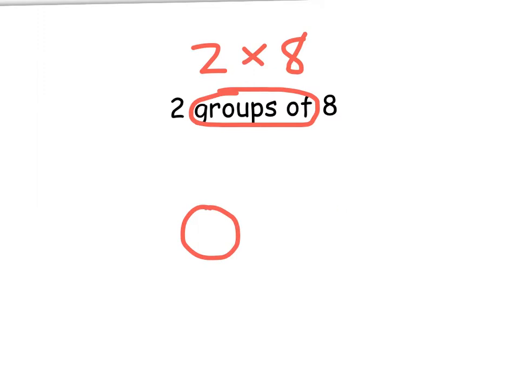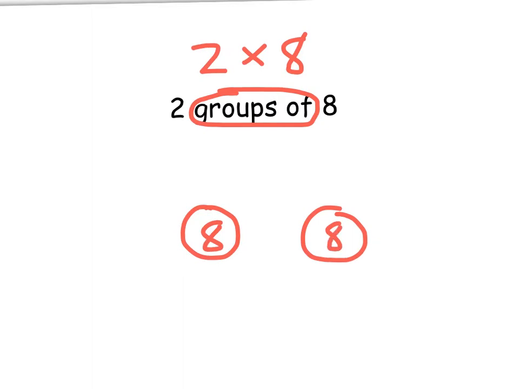Besides an array, another way that I can represent multiplication is using a number bond to represent the problem. In this problem, 2 groups of 8. That's the same as the multiplication problem, 2 times 8, because groups of represents multiplication. So here's one group, and then my second group. 2 groups of 8.